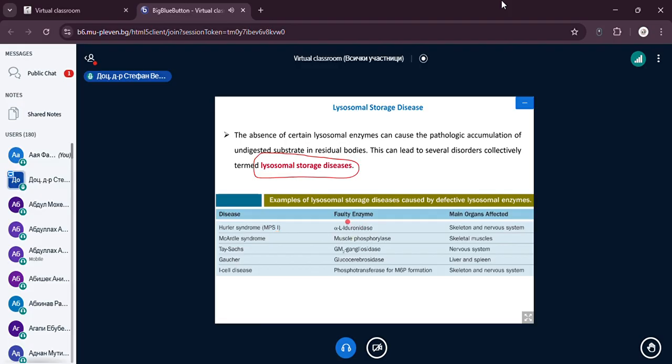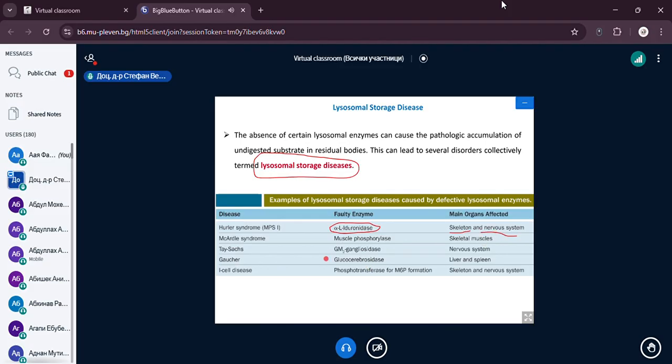This is the faulty enzyme, and because it cannot degrade different carbohydrates, these carbohydrates accumulate in the extracellular matrix and inside the cell, damaging the cells, predominantly the cells in muscles, bones, and cartilages, and also neurons in the nervous system.